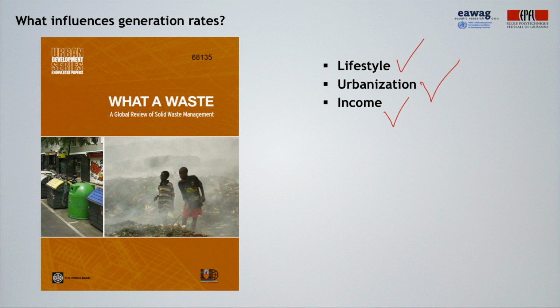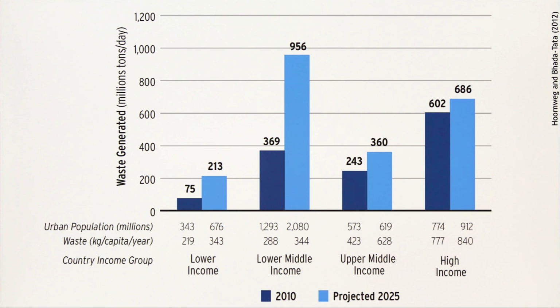More information on city generation rates is available in this document, What a Waste, a Global Review of Solid Waste Management, which can be found on the internet and can be downloaded free of charge. What is exciting in this graph is a projection for 2025 in categories of low income, middle income, and higher income countries.